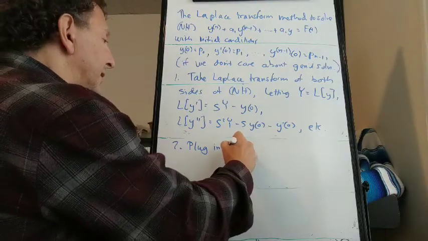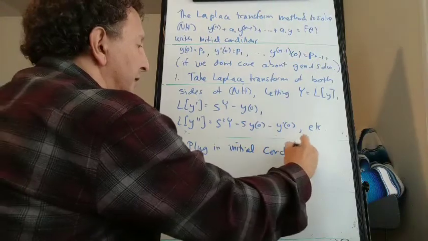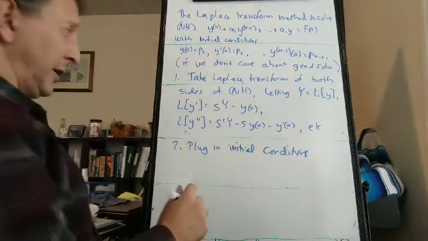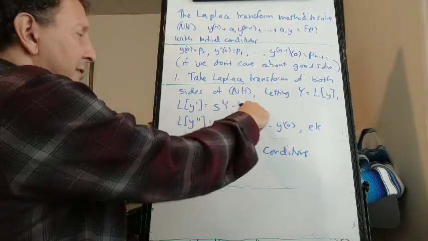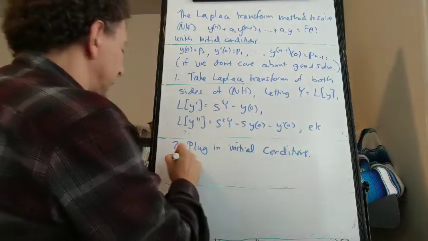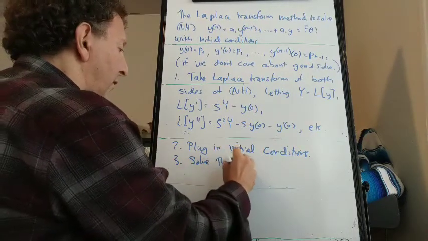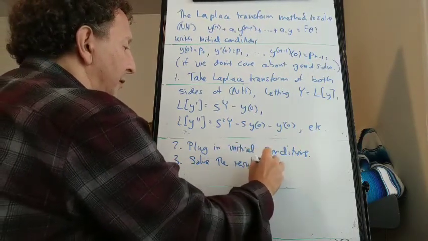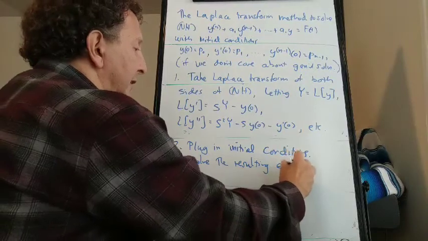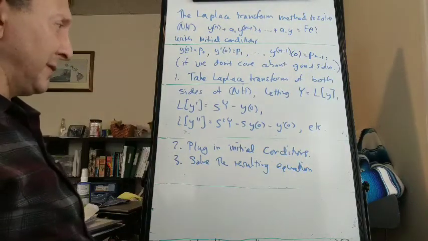Then we plug in initial conditions, because we'll have a bunch of y of zeros and y prime of zeros sitting around. Then we solve the resulting equation. The resulting equation is not going to have any derivatives.